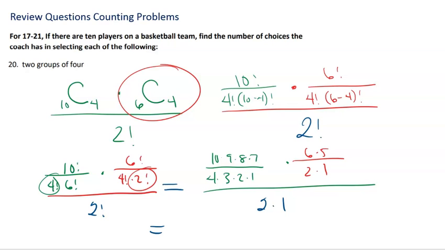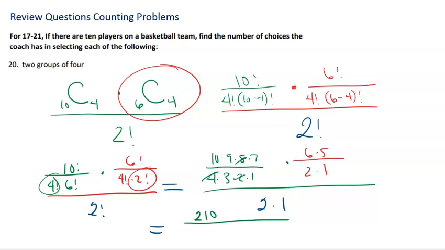Continue the simplifying. In green, I have 10 times 9 times 8 times 7 divided by 4 times 3 times 2 times 1. If you wanted to do a little extra and cancel, 4 times 2 is 8, you can, or you can just type it right in. So 10 times 9 times 7, and then that's divided by 3, and I get 210 for my combination of 10 choose 4.